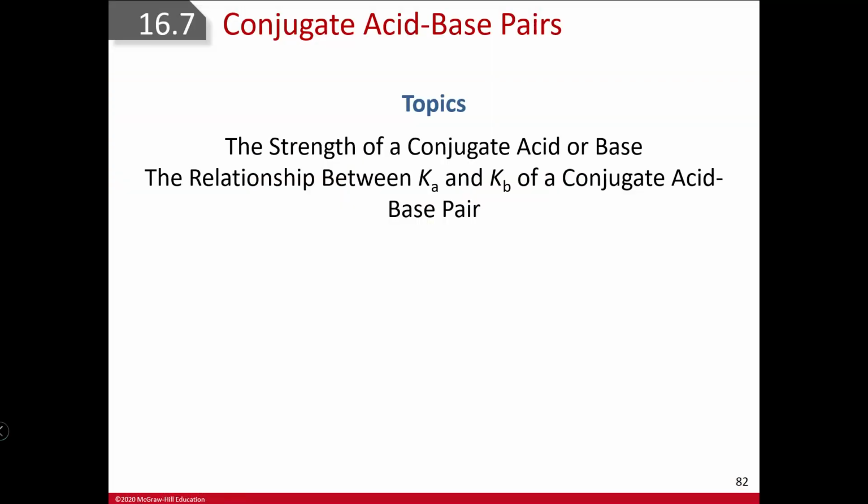All right, so the next slide is we want to look at the strength of Kas and Kbs. So the strength of a conjugate acid or base, the relationship between Ka and Kb of a conjugate acid-base pair. And you go, why do I need to know about this? This is setting us up for the next chapter, which is on buffers, and buffers are used a lot in biology.